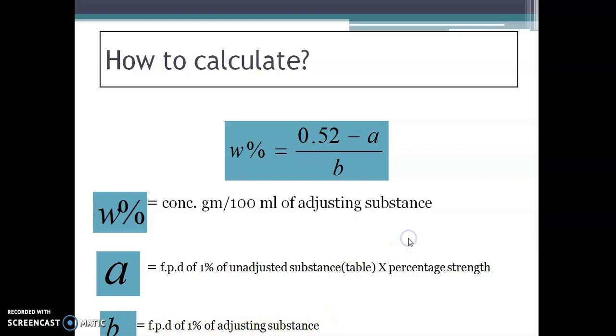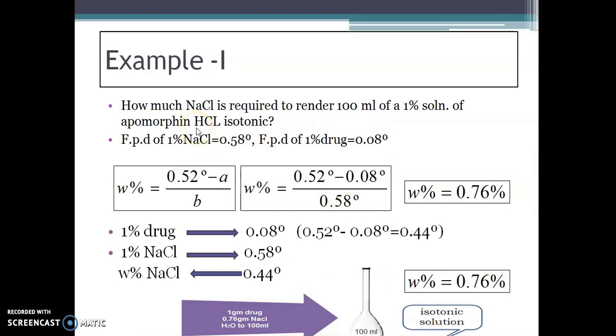Now next is a numerical problem related to class 1 method. Example 1. How much NaCl is required to render 100 ml of a 1% solution of apomorphine hydrochloride isotonic?